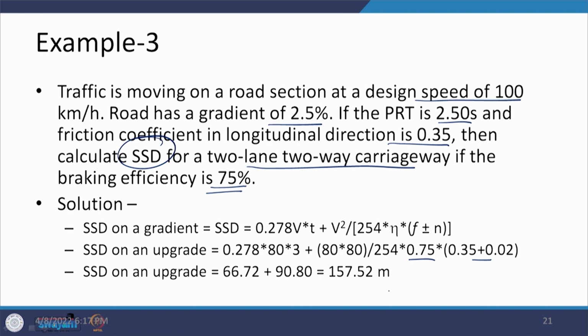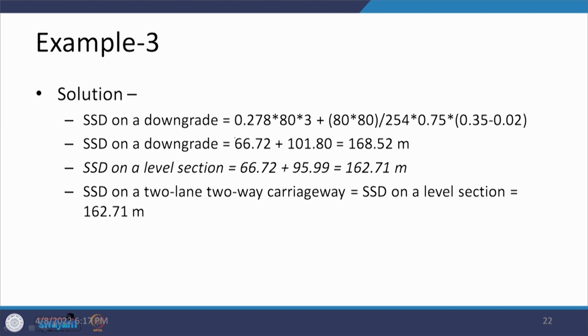So, 0.75 is the braking efficiency used here, and what we get as an SSD on an upgrade is 157.52 meters. If I look at the downgrade, then using negative here and an eta of 0.75, what we get is 168.52 meters, whereas on a leveled section we get 162.71 meters.